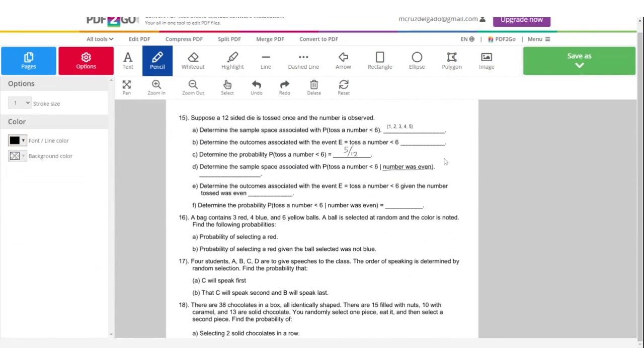Those are all even numbers, so there's 6 of them. So that's what determines our new denominator. Now, out of those 6, which ones are less than 6? Well, there's 2 and 4. So 2 even numbers that are less than 6.